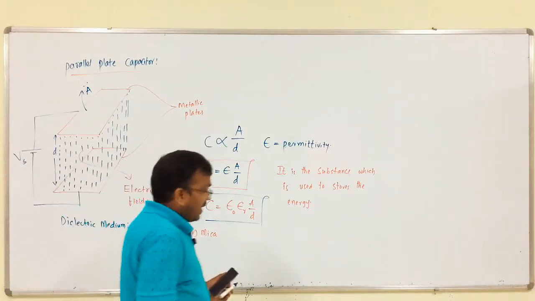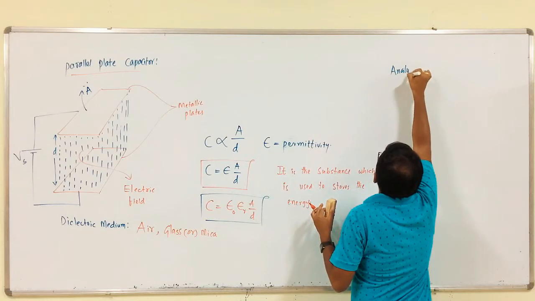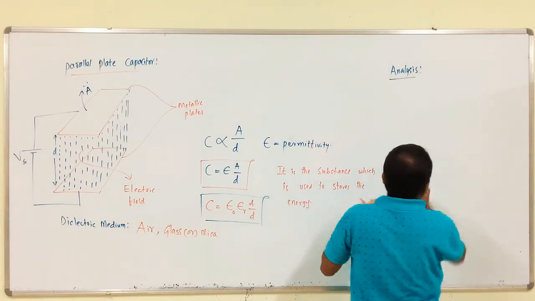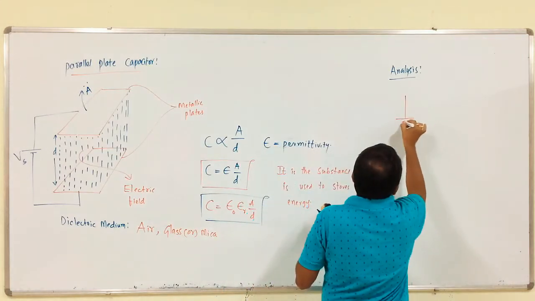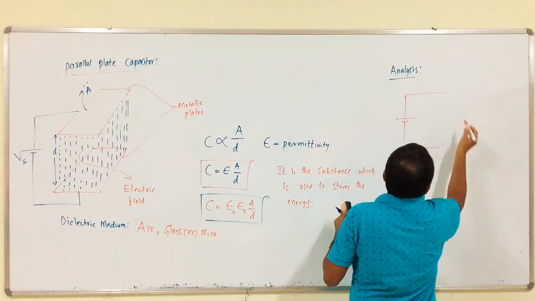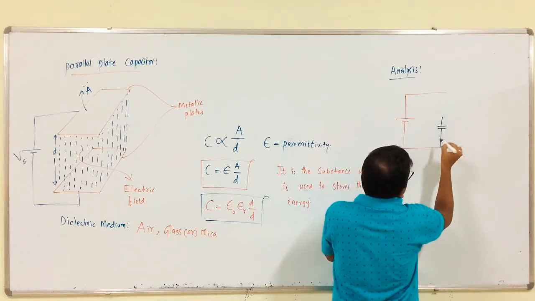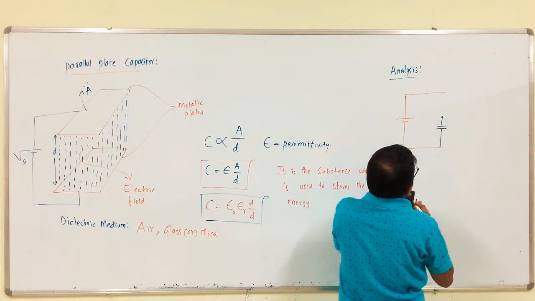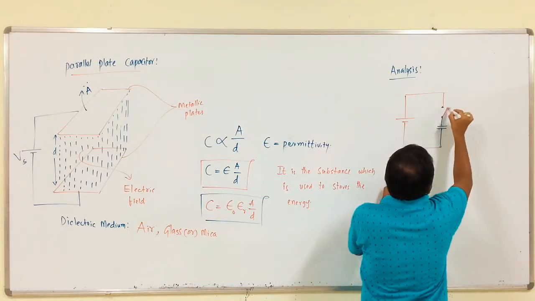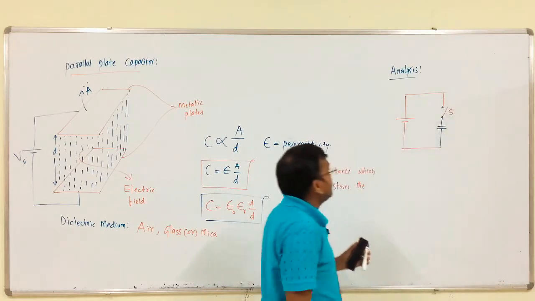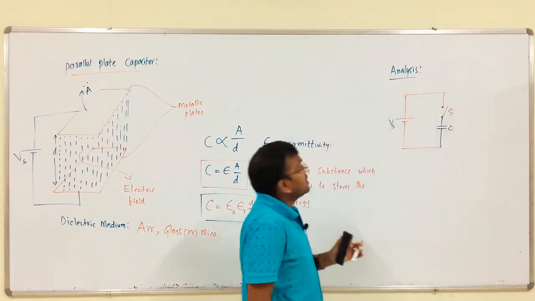Next, we have to analyze the circuit. For example, we are providing a supply voltage. So, this is the capacitor, right? We have a switch. This is the supply voltage, this is the capacitor, that is the switch.